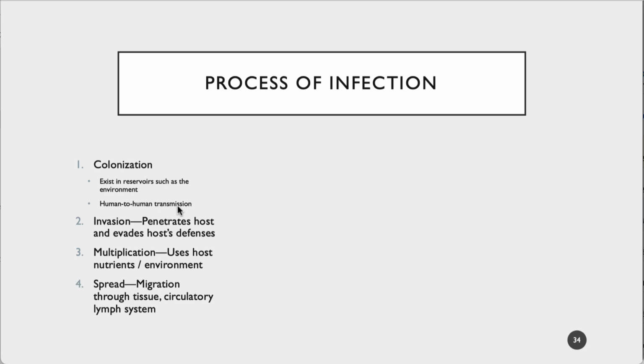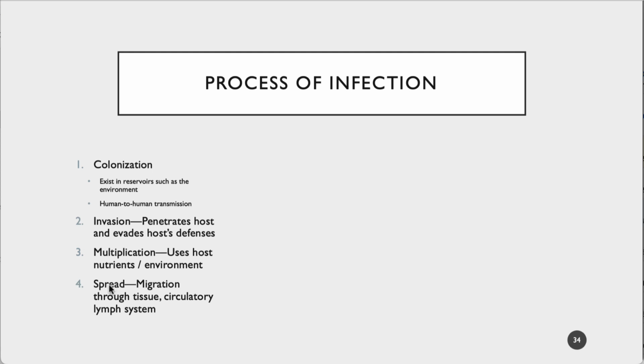And then there's some human-to-human transmission that occurs, and now the invasion of the infection penetrates the host and begins to evade the defenses, and then the organism multiplies, whether that's a virus that takes over the cellular machinery and reproduces that way, or whether it's a bacterium or a parasite that reproduces in its own way on its own using the supplies, shall we say, of the human body. The fact is that they are multiplying and causing problems.